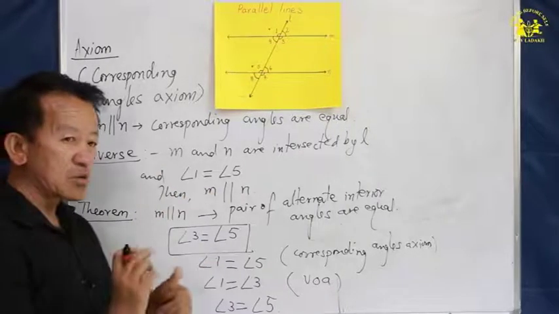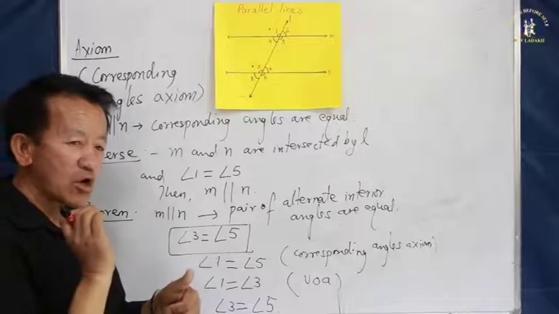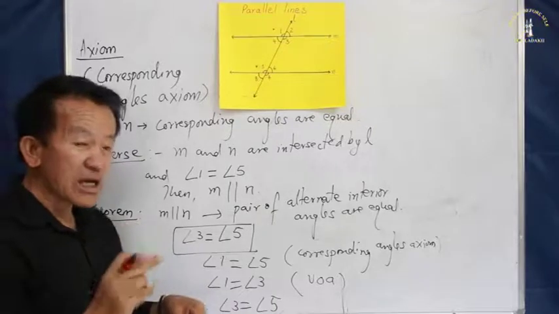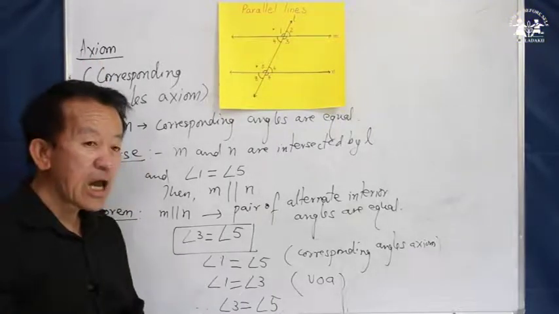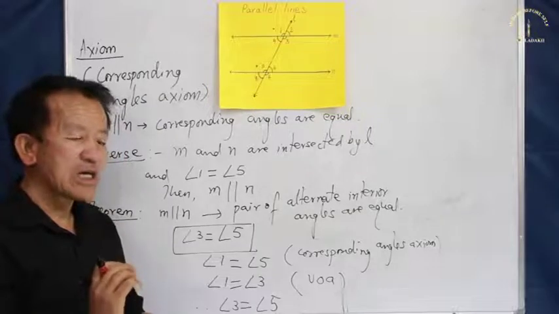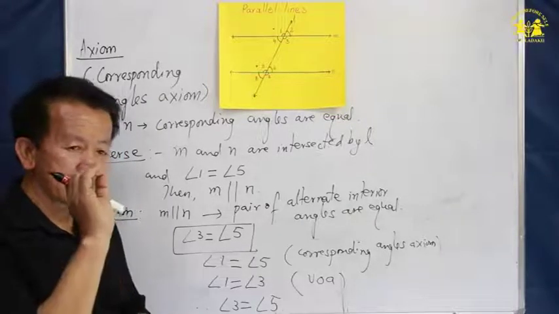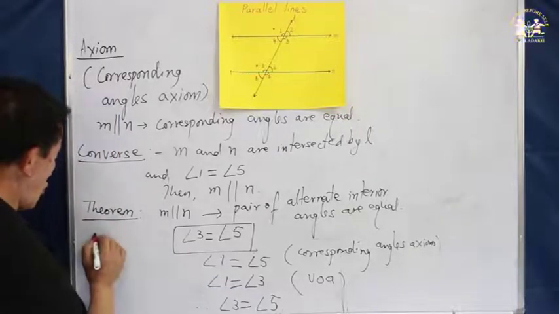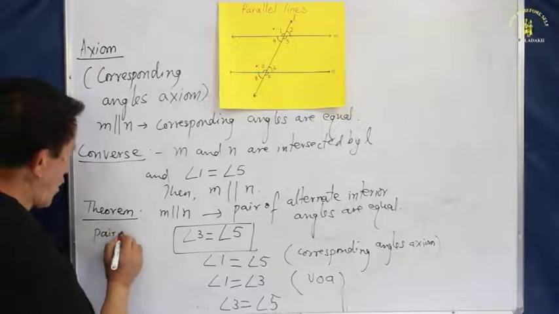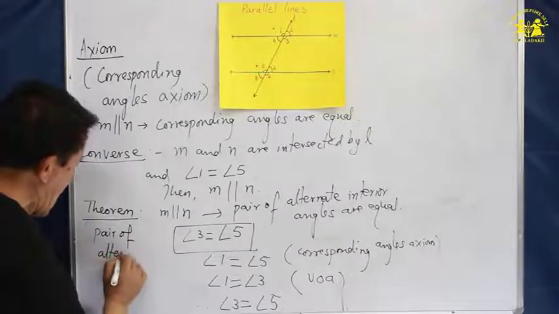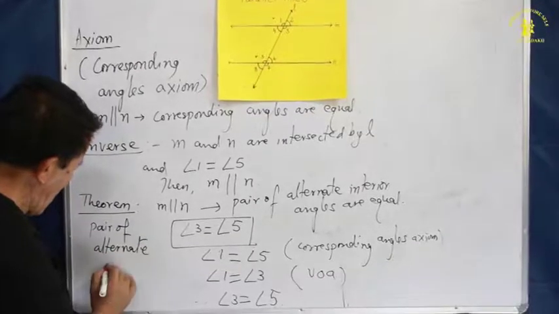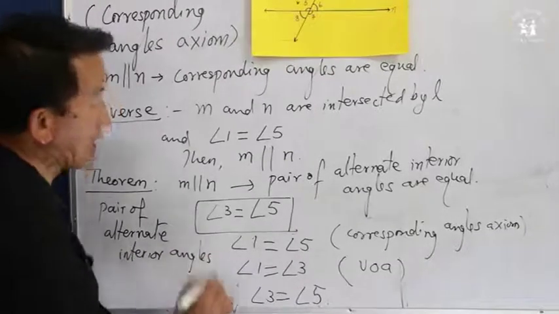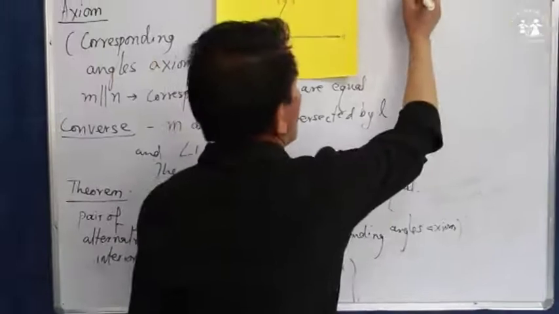One is, if two lines are parallel, then the pair of alternate interior angles are equal. The second is, if two lines are intersected by a third line, and if a pair of alternate interior angles are equal, then the two lines are parallel to each other. So this is the theorem on the pair of alternate interior angles.